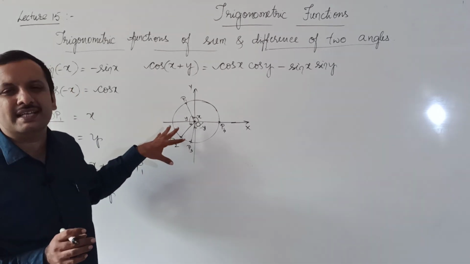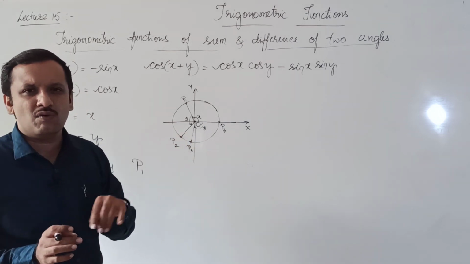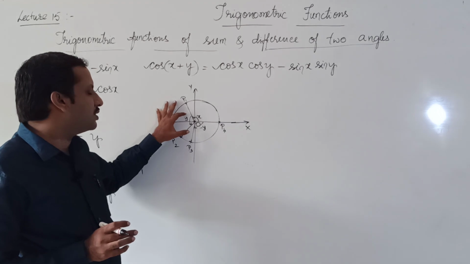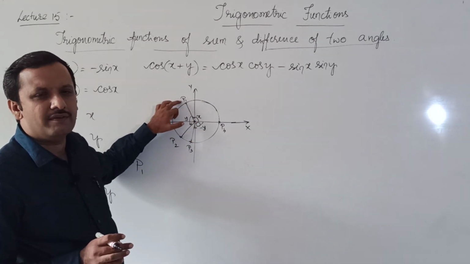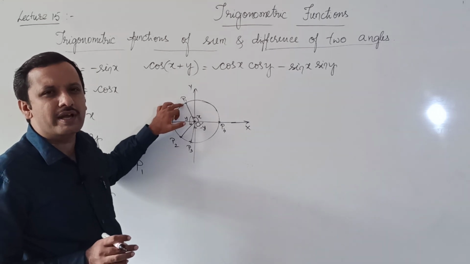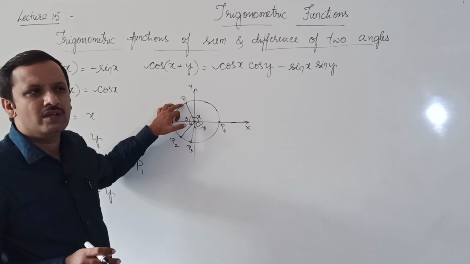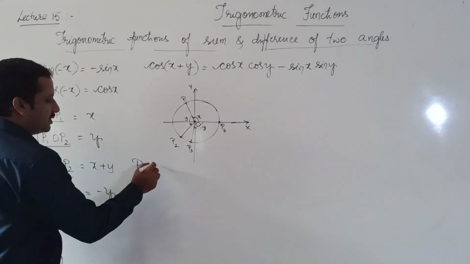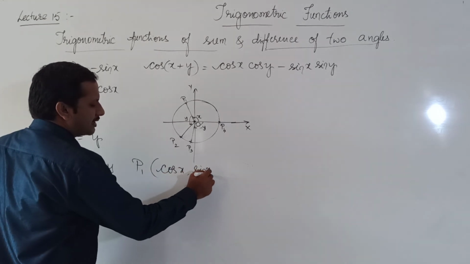This is a unit circle, that means a circle with the radius 1 unit. So the coordinates of this point will be cos x comma sin x. So P1 is cos x comma sin x.